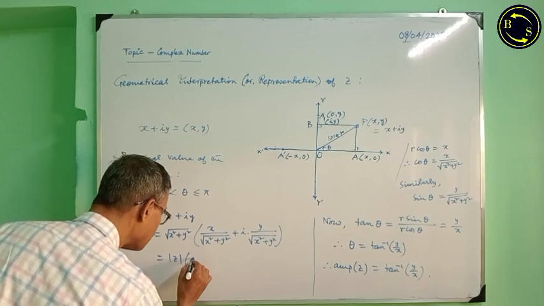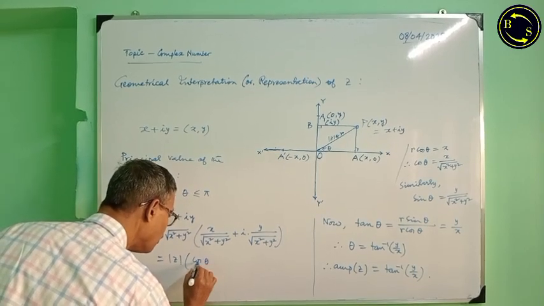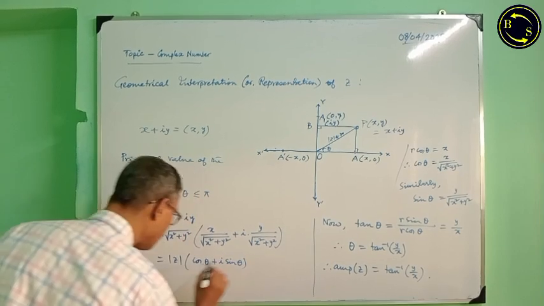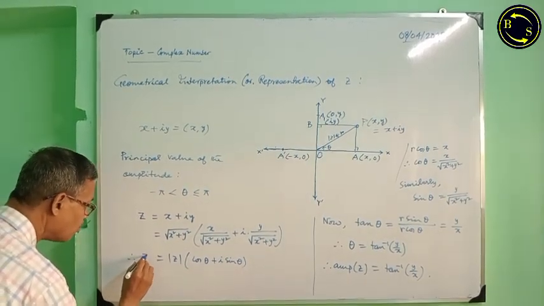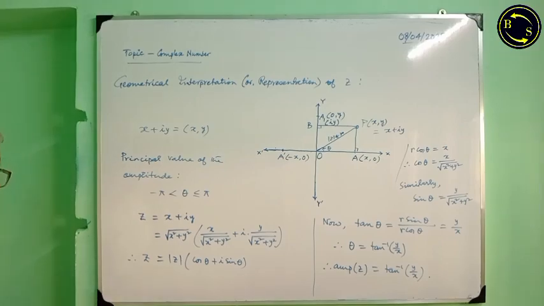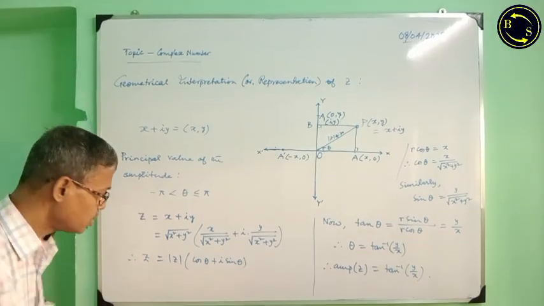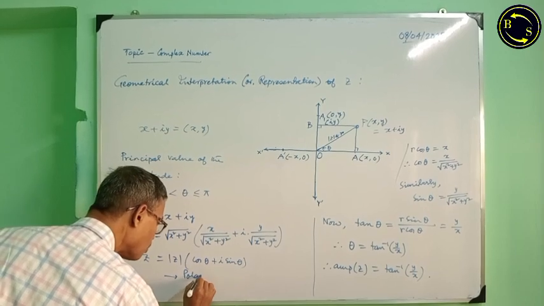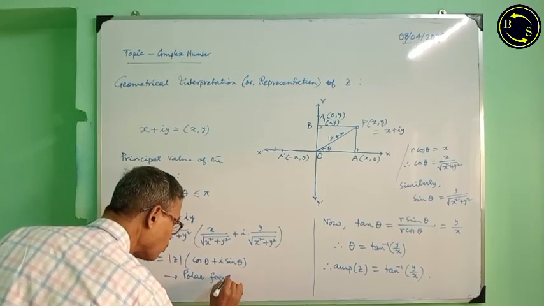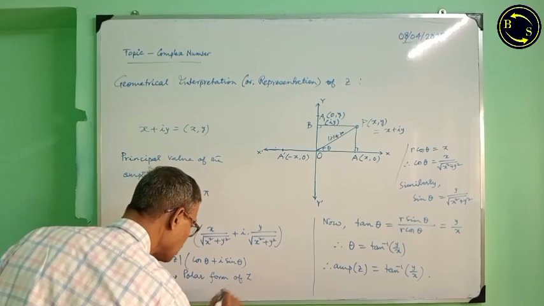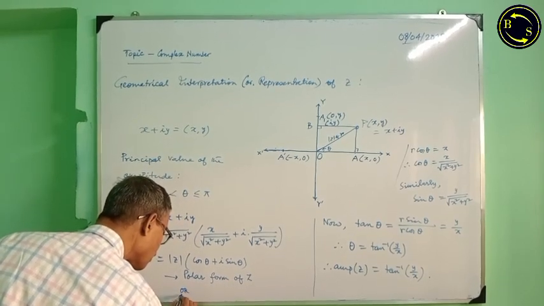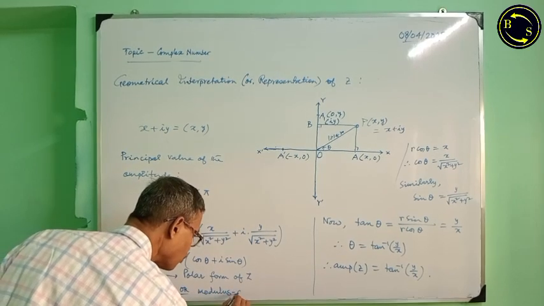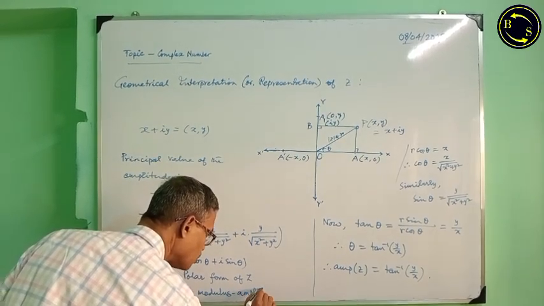Therefore, the complex number z, when expressed in this form, is called the polar form of z, or modulus amplitude form.